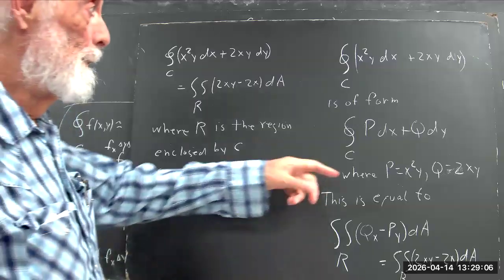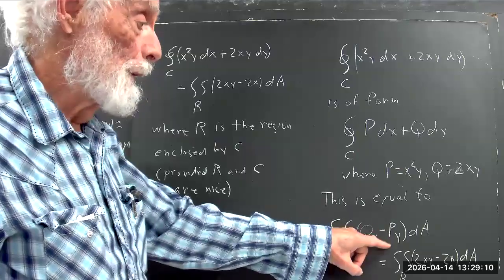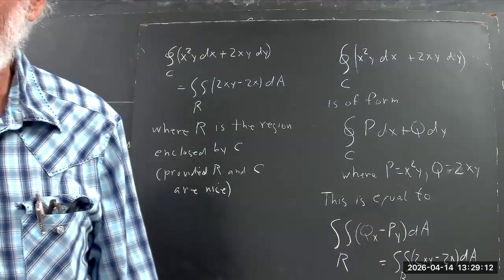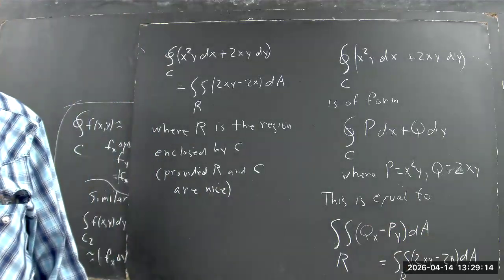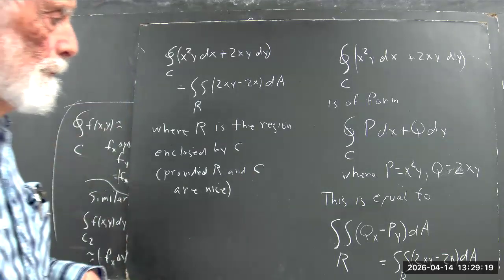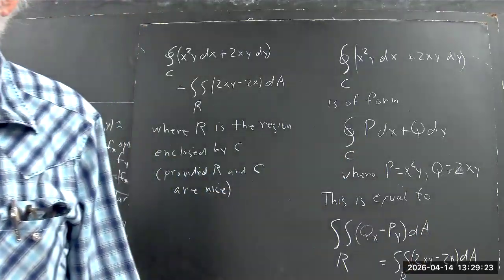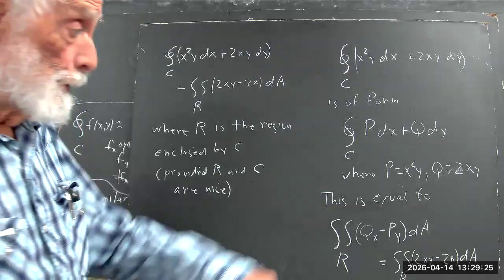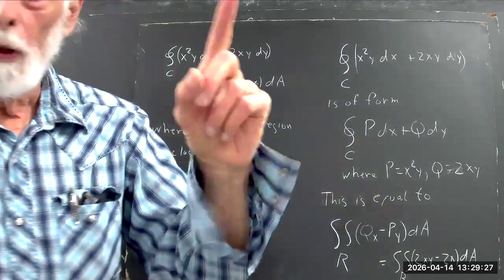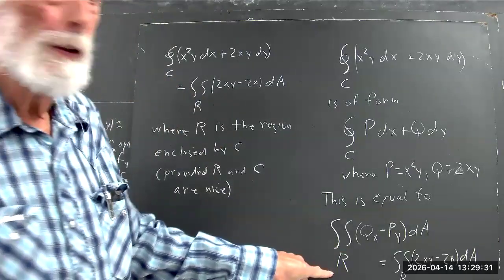And that's how it's done. It's simple. It's P dx plus Q dy over the boundary, Qx minus Py over an area. One other little trick that I'll mention, it's pretty neat. If you make up functions P and Q such that Qx minus Py is 1, then you get the area of this region.